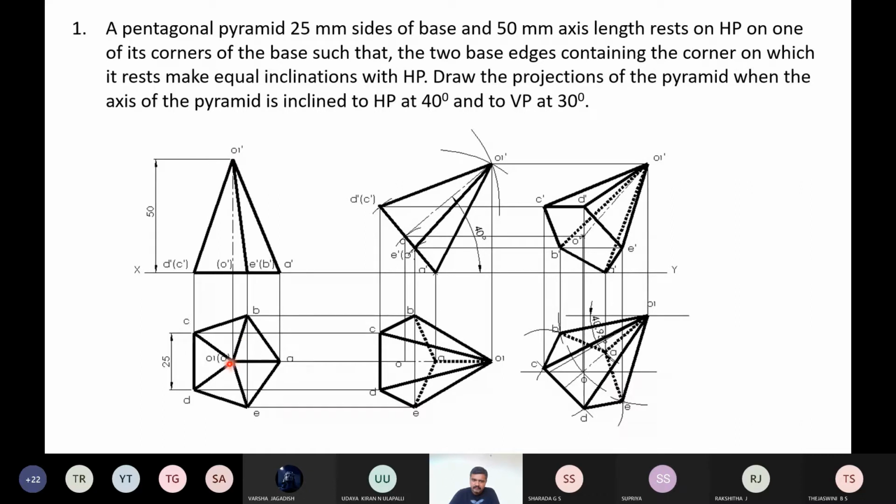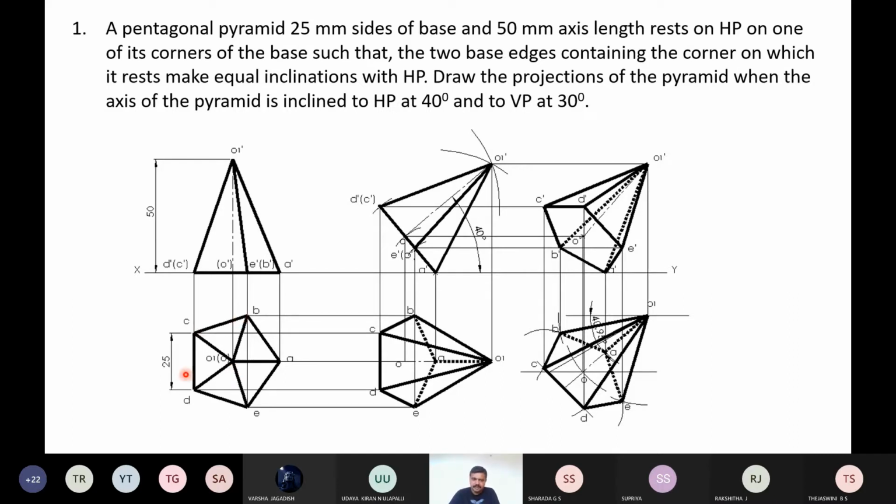A O1, B O1, C O1, D O1, E O1: all these are representations of slant edges in the top view. If you look from the top, you can see slant edges. But the length of the slant edges gets reduced because they are inclined. We cannot get the true length of the slant edges in the top view. What we can get is the true length of the base edges.